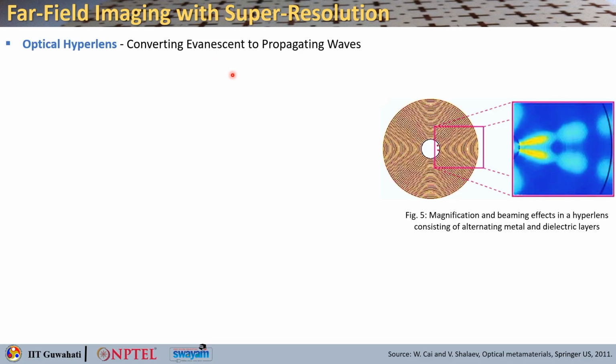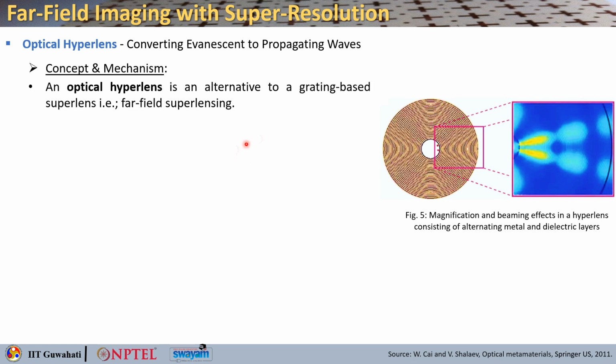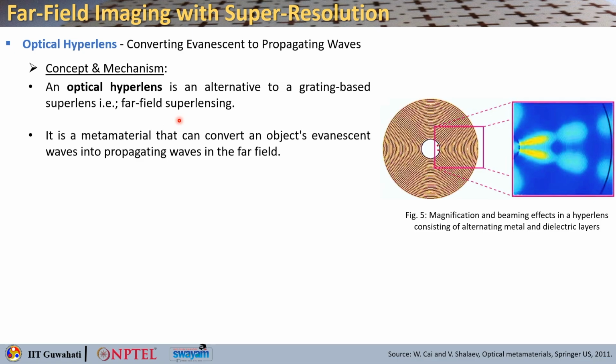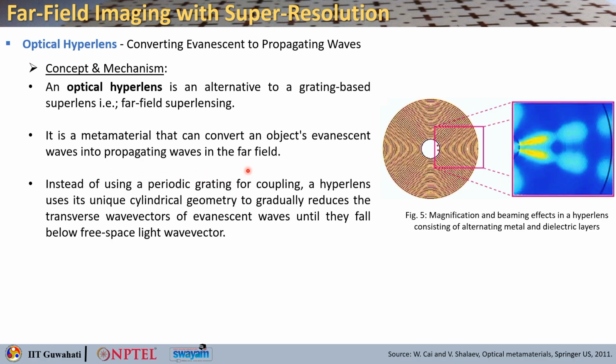Now, let us look into the methods of doing far field imaging with super resolution. You can take help of optical hyperlens, which are good at converting evanescent to propagating waves. What is the concept here? Optical hyperlens is an alternative to the grating based superlens that was used for far field superlensing. A hyperlens is a metamaterial that can convert an object's evanescent waves into propagating waves in the far field.